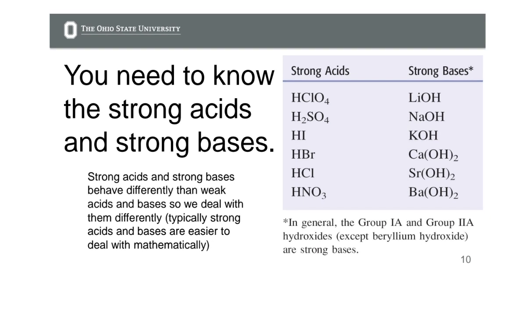So here I go, again, harping about knowing the strong acids and bases. Here's a nice list for you. Our strong acids include HClO4, H2SO4, which I'm going to put a star by, because only the first proton is strong. So what I mean by that is that H2SO4 has 2 protons on it.